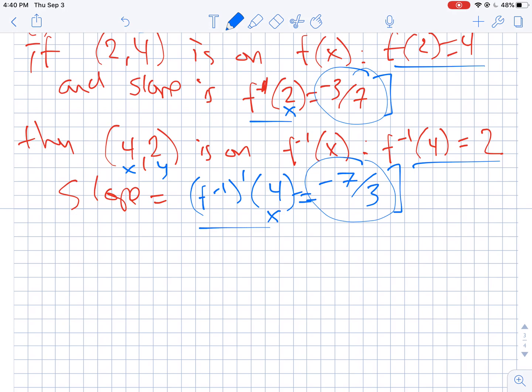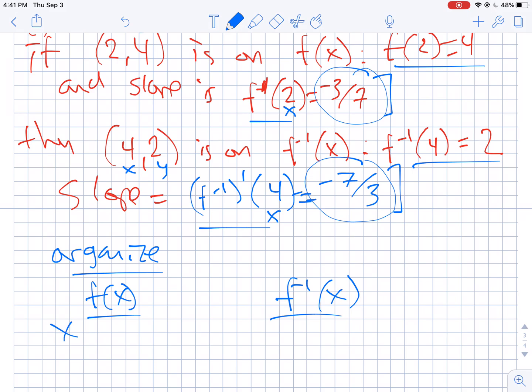Okay, so the way I organize these is like so. On my f of x, I do a small little chart here. If on my f of x, I have the point (x, y), my slope, my f prime of x, is equal to m. If I'm on my inverse function, then I have the point (y, x).